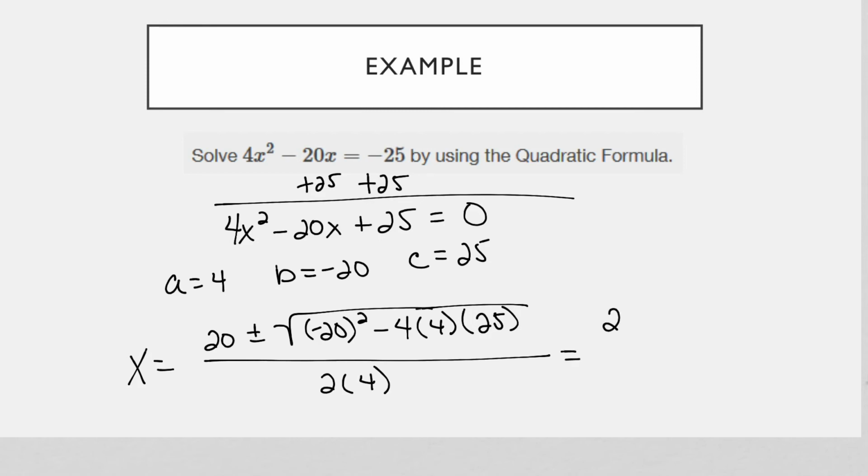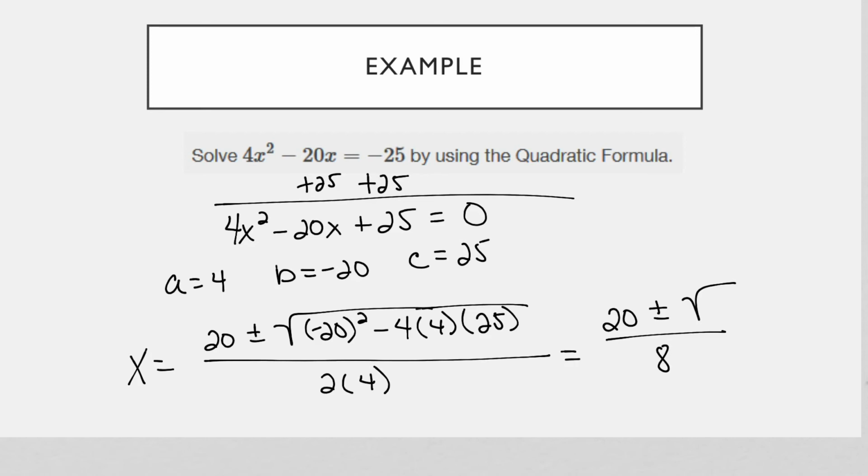So I've got 20 plus or minus, I haven't done that math yet, over 8. On my calculator, the parentheses are definitely important on that b term because it's negative. So open parenthesis, negative 20, close parenthesis, hit your square button, minus 4, open parenthesis 4, close parenthesis, open parenthesis 25, close parenthesis, hit enter.